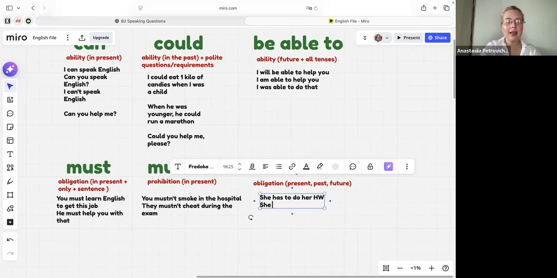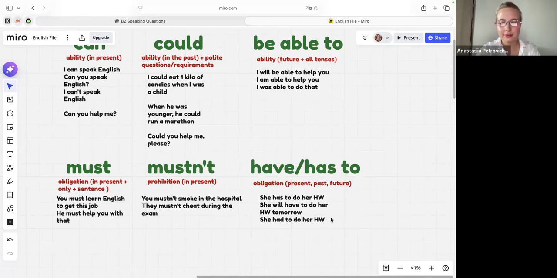Or she will have to, yeah, after will we use verb first form, so we cannot use has, even though it is she. So she will have to do her homework, let's say tomorrow, yeah? Or if it was in the past, we say she had, so we put have has in the needed tense, and we say she had to do her homework just like that.